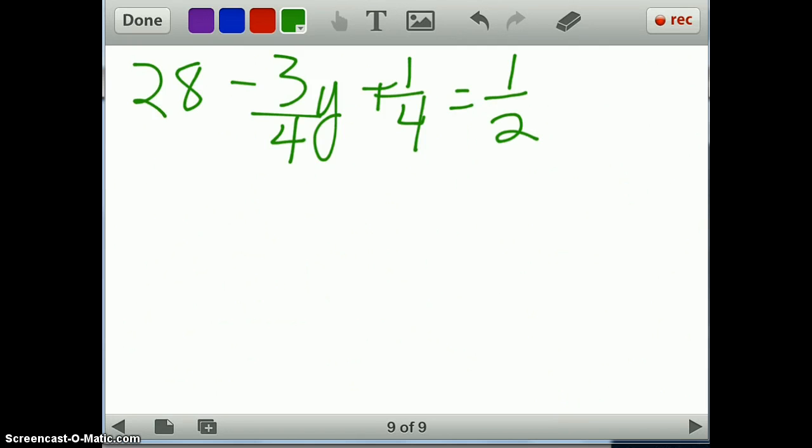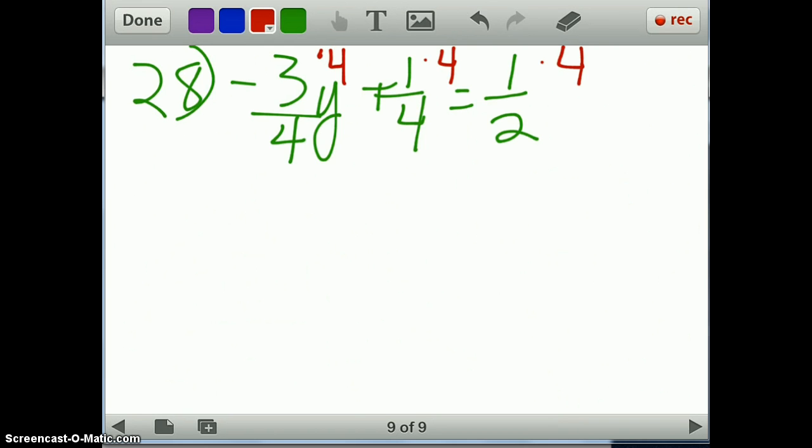You could just choose to do it with fractions in it, but I'm going to say let's get rid of that 4 and 2. So what is the least common multiple of 4, 4, and 2? You could multiply everything by 8, but I'm going to say, hey, both of those things go into 4. So let's just multiply everything by 4, by 4, and by 4.